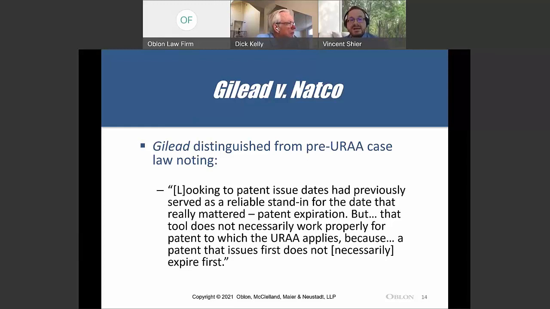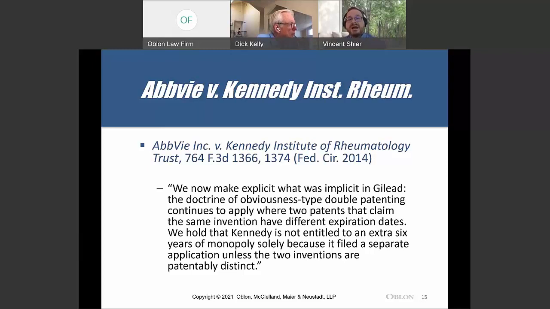And in fact, the Federal Circuit was asked to look at that same year at AbbVie versus Kennedy. And what this case ultimately did was affirm that the doctrine of obviousness-type double patenting applies where two patents that claim the same invention have different expiration dates.